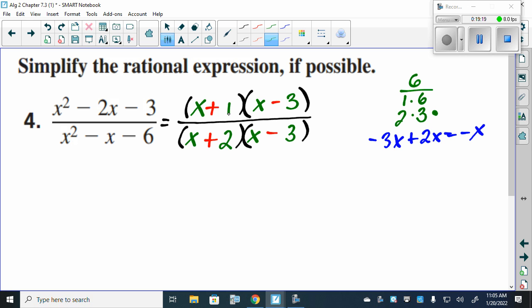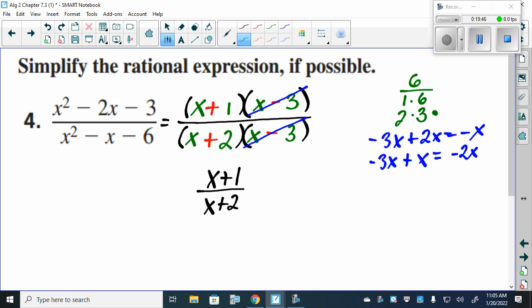Now if we do check this, this does work out, because x times negative 3 would be negative 3x. 1 times x would be plus x, which does give us a negative 2x middle term. And as I think as some of you have already done, we do see that there is an x minus 3 on top and bottom, which does cancel out, leaving us with x plus 1 over x plus 2.